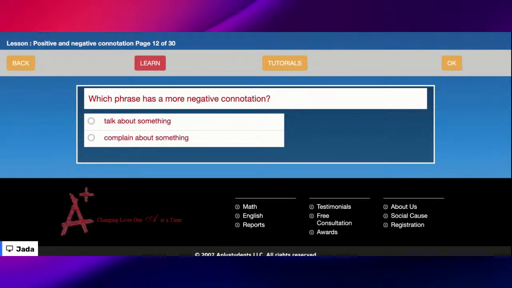This one, negative connotation, is it to talk or to complain? All right, so when it's negative, you are complaining.